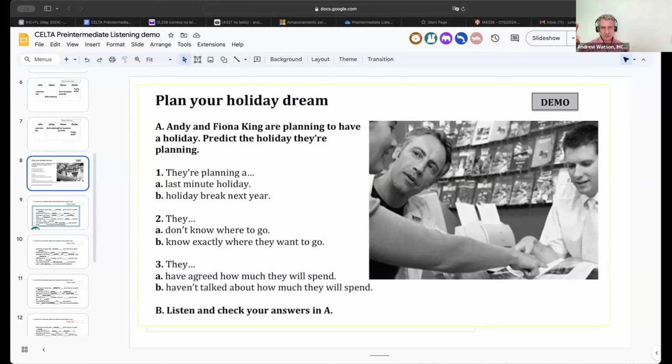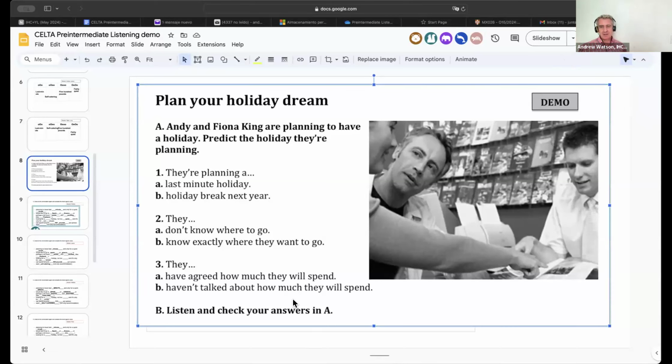Once for gist, and then a second time for a different type of listening, right? So this one is what? Tadeo? The first one was for gist. This is for gist, yeah. It's to get the general idea. Okay. You notice it's not details.